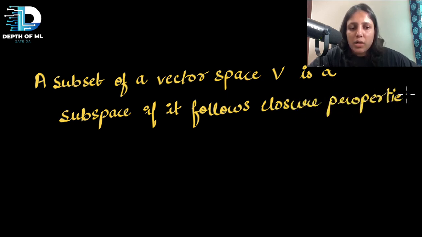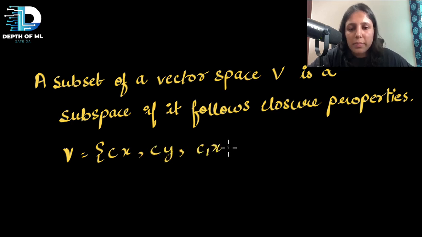Okay, so let's say that I have a vector space which is all the multiples of x, all the multiples of y, and all the multiples of x and y. Okay, so this is a valid vector space or a subspace.